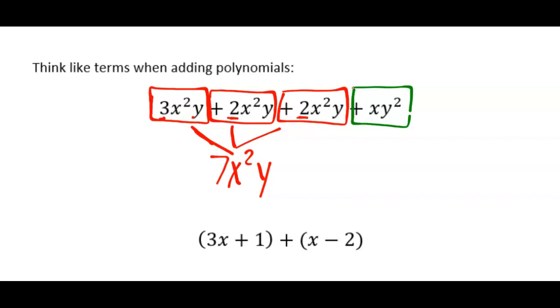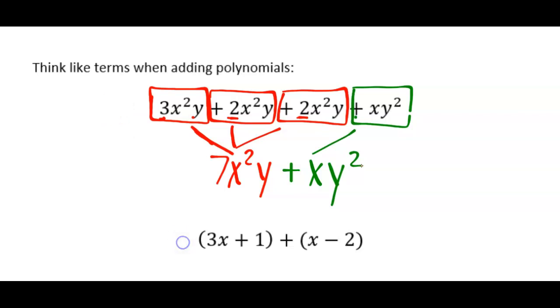So it's just all by itself. So it just comes down, it's positive. So I just add my xy squared. So I'm going to add the coefficients, the numbers in front of my monomials, to get how many totals I have, and I can do that because they are the exact same variables with exponents. So exponents are the same, the variables are the same, and everything is the same.